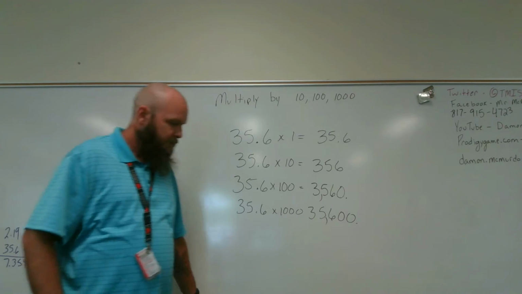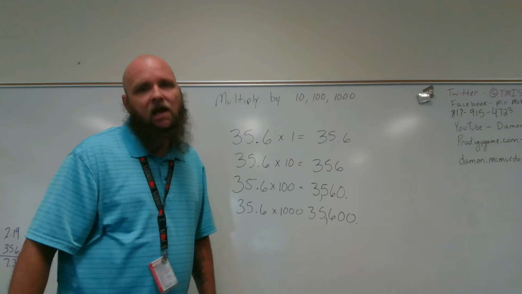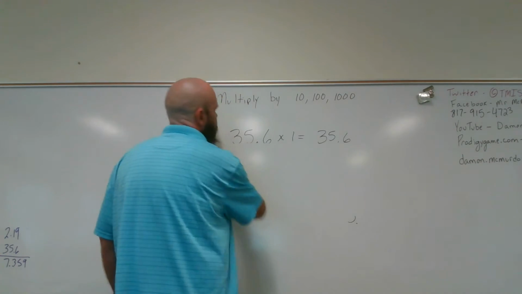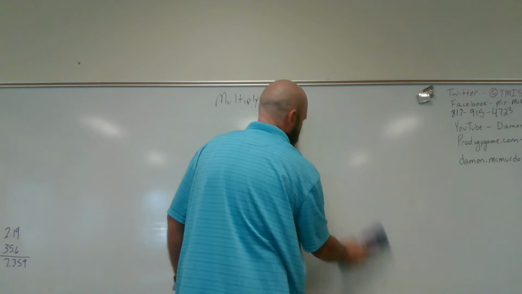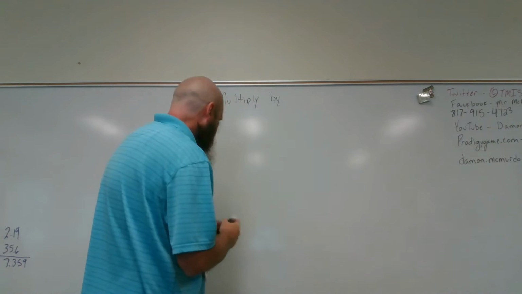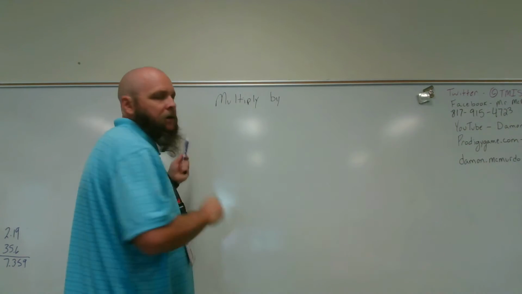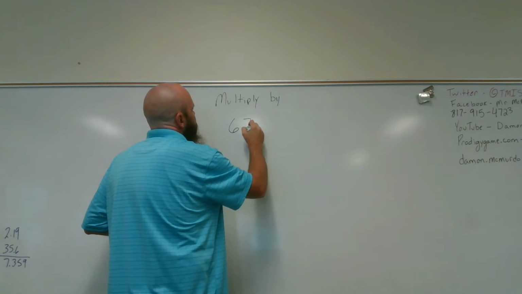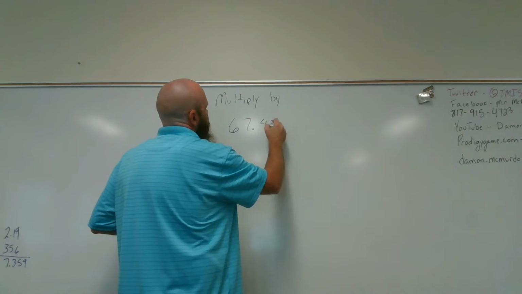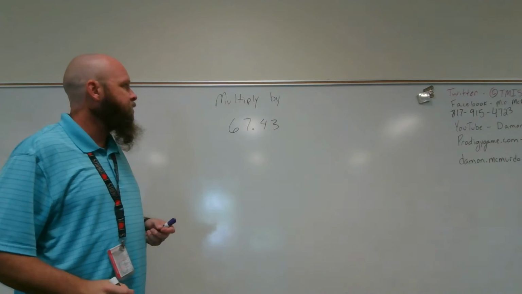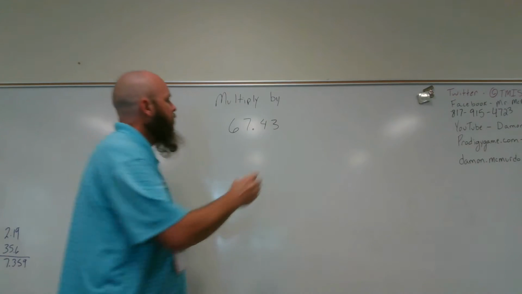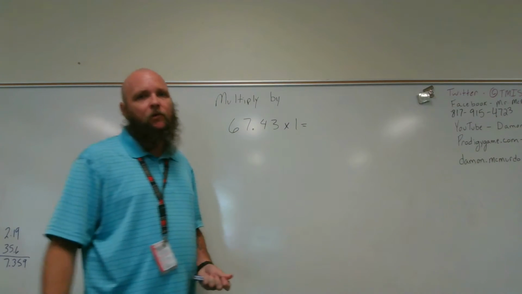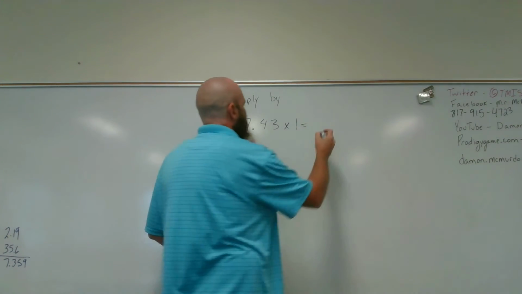But let's look at multiplying by tenths, hundredths, and thousandths. So let's take the number 67 and 43 hundredths. If we multiply that by 1, obviously it stays the same. Anytime you multiply a number by 1, it stays the same.